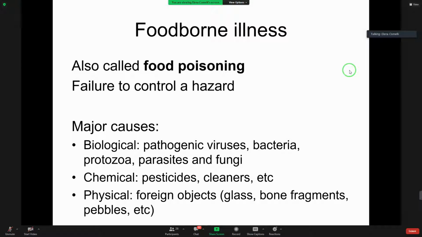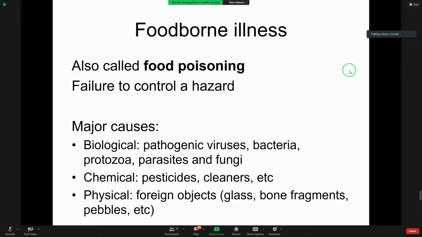A hazard, if we think of it in its simplest form, is something that has the potential to cause harm, right? So, for example, in food and water, a hazard would be something that makes food and water unfit for human consumption. There may be many different causes, the major ones being biological, chemical, and physical.